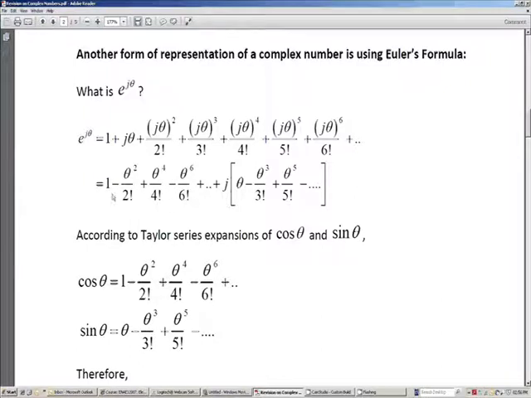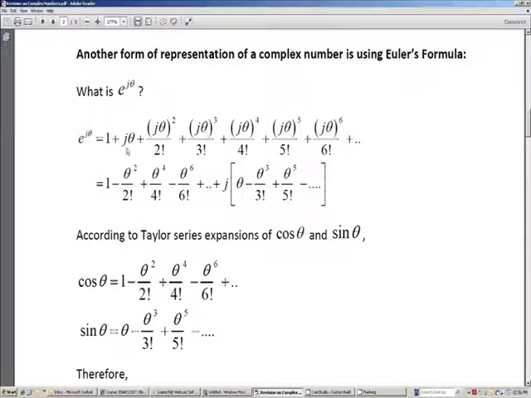So in the real part, there will be a series of real terms, and then there will also be a series of imaginary terms because of the odd powers of j theta.